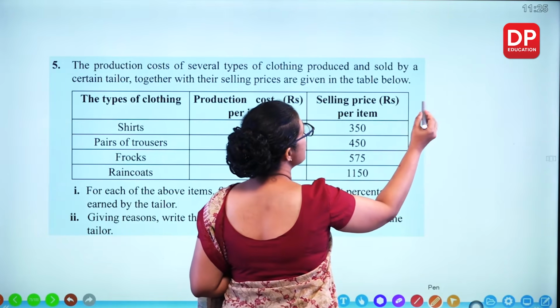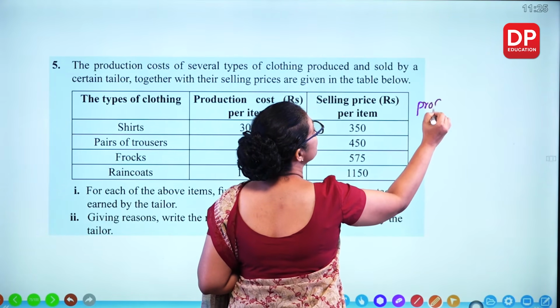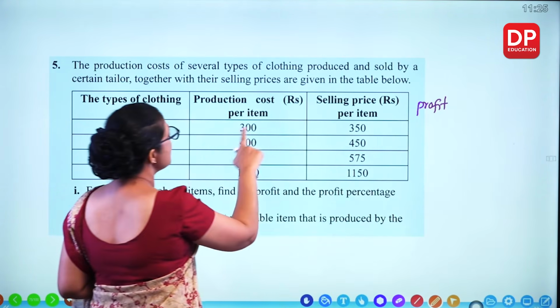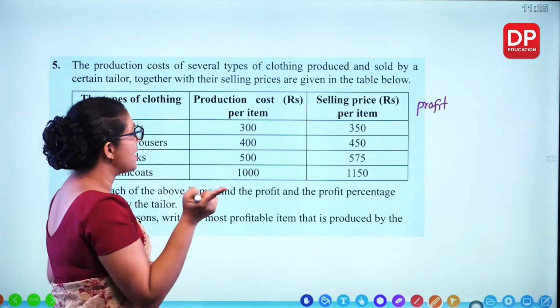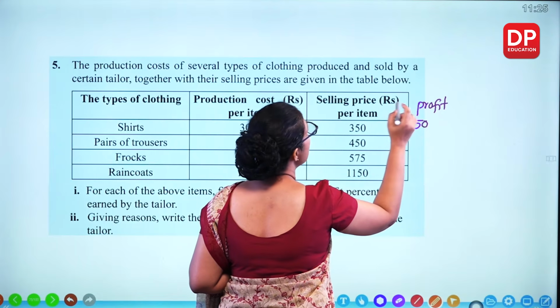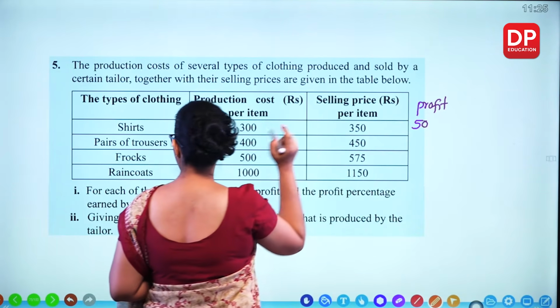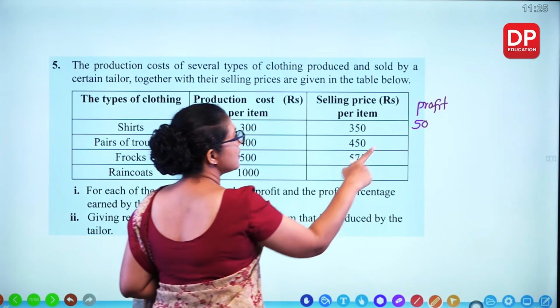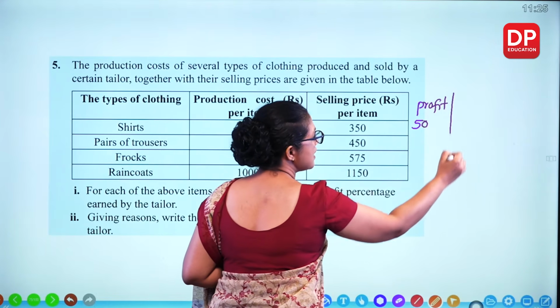So what's the profit here? The difference, 350 minus 300, that's 50. So we'll calculate the percentage profit. So I'll do it here.